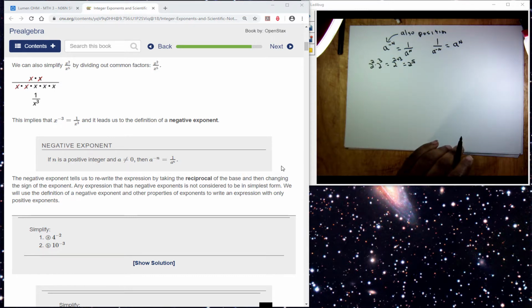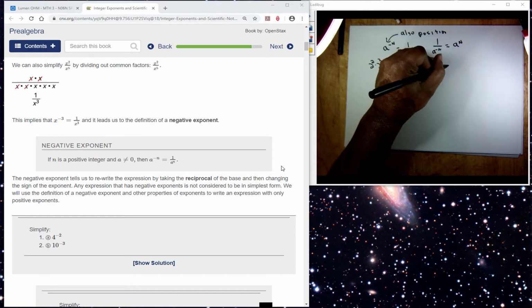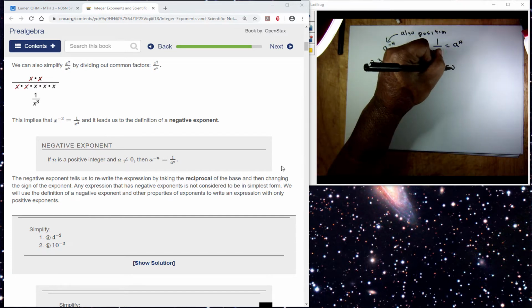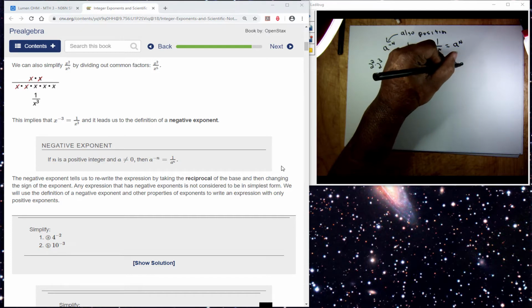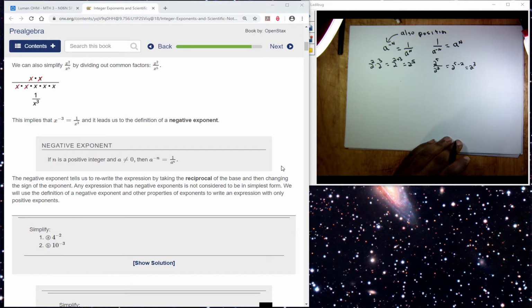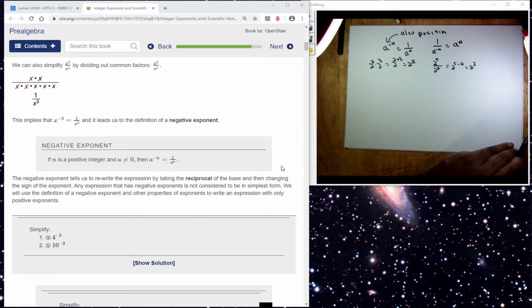And when we divide exponents, we subtract. So that subtraction is coming from here.